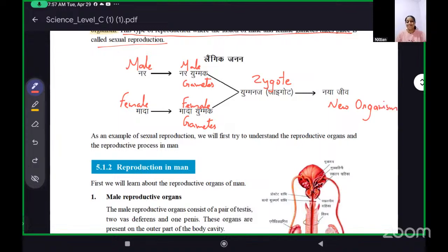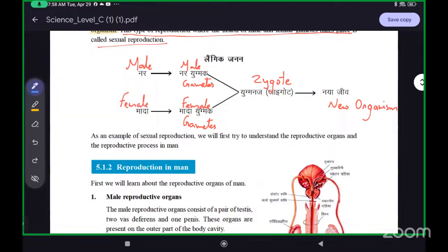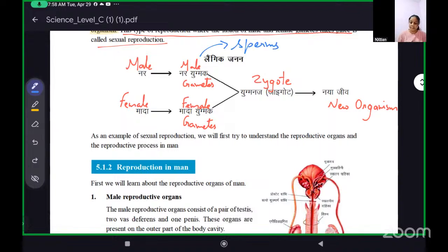Yeah. So what happens is, the males have male reproductive organs, in which their gametes are produced. In males, sperms are produced in their reproductive organs, while in females, eggs are produced.